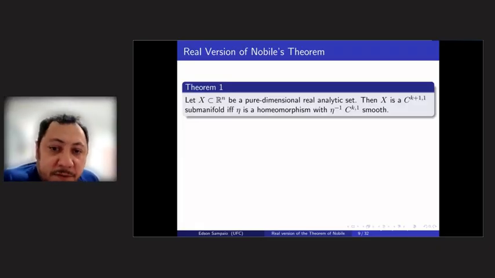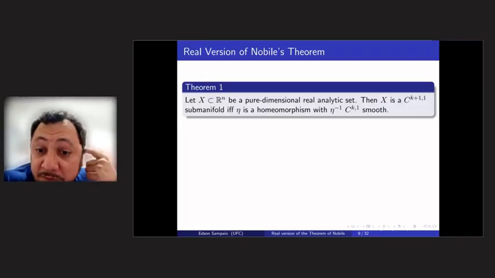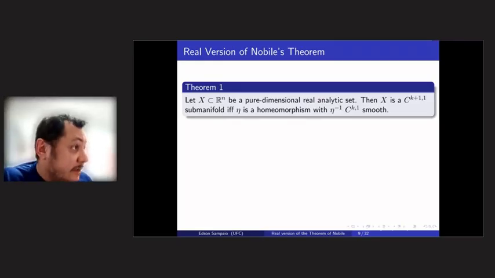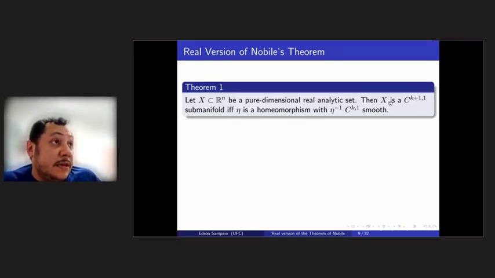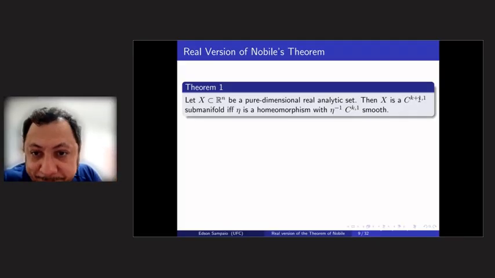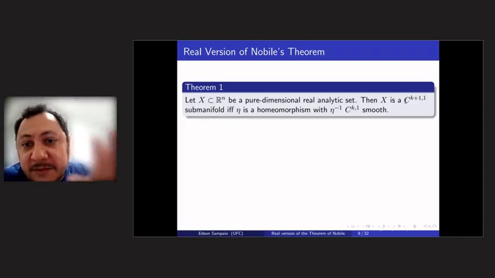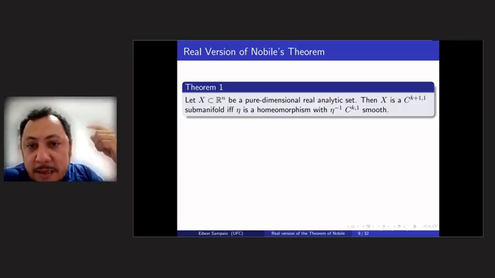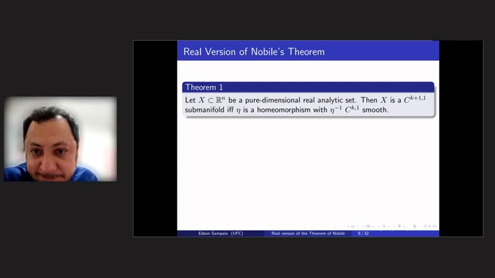The first, real version of the theorem is the following. If you have a pure dimensional real analytic set X, then X is a C^{k,1} submanifold. This means you can find parametrizations which are C^k and whose k-th derivatives are Lipschitz.